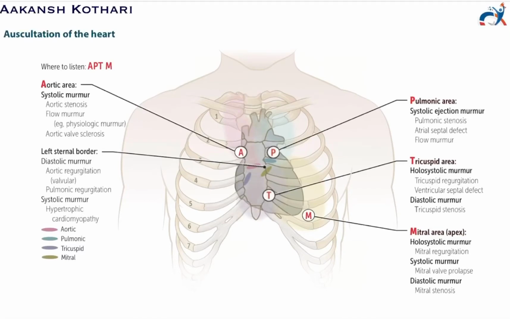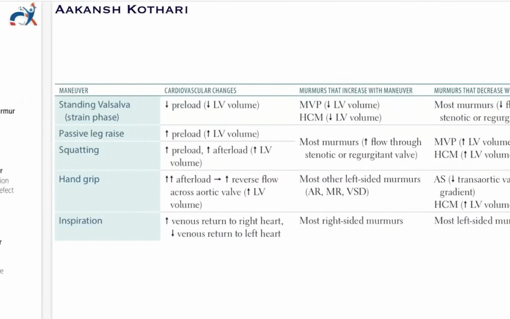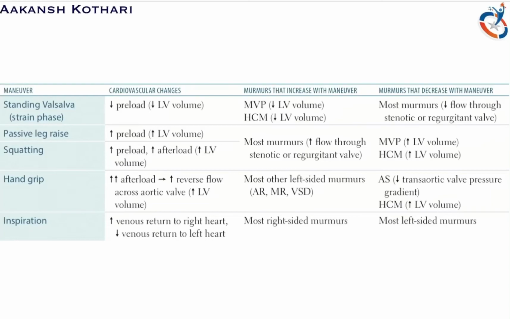Now taking you to the different effects of maneuvers on different kinds of murmur. Okay, so we have majorly 5 maneuvers which show different effects on different heart sounds. Talking about the first one, that is the standing Valsalva maneuver, there is a decrease in the preload.